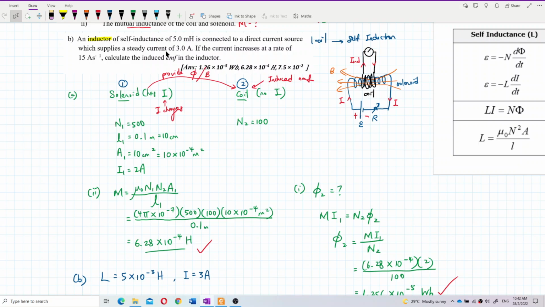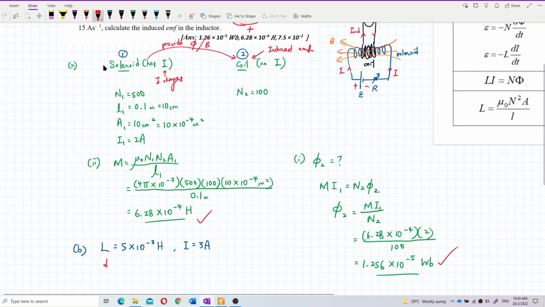And then the current increases. I see the word increases. Increases means the change is positive. About this I will explain later. Increases at the rate. Rate means per unit time, ampere per second.